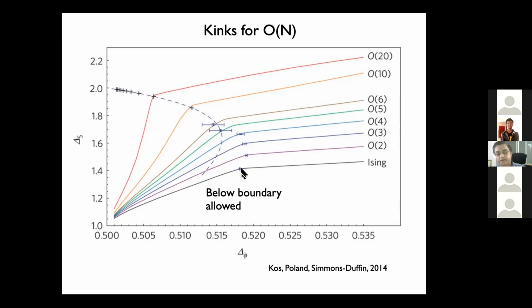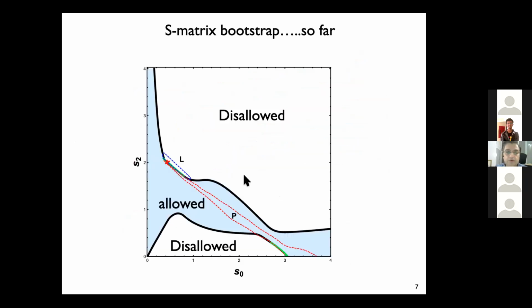Okay, but the bottom line is that we won't require too many details of this plot, except the fact that there's something special that happens near some kink type feature. So what is the S-matrix bootstrap so far? One can make a similar plot.